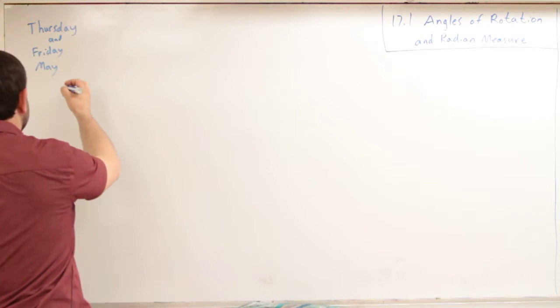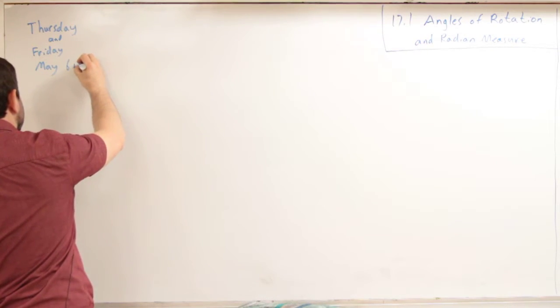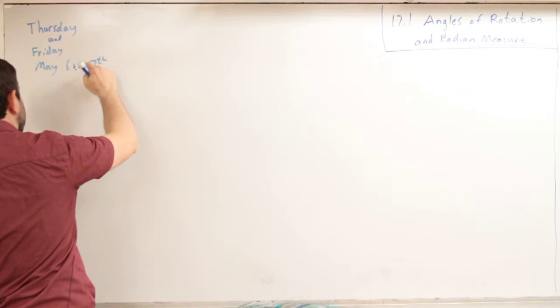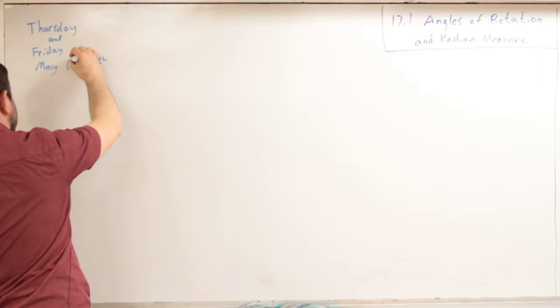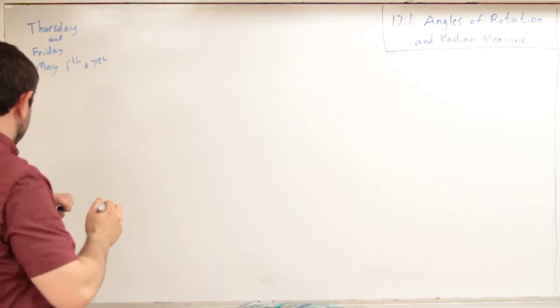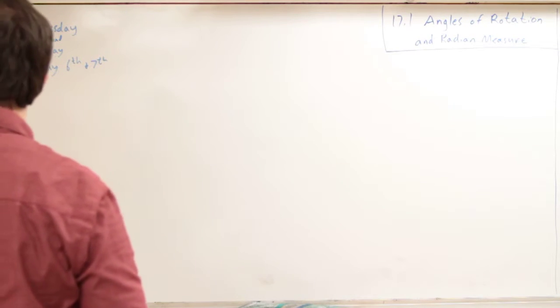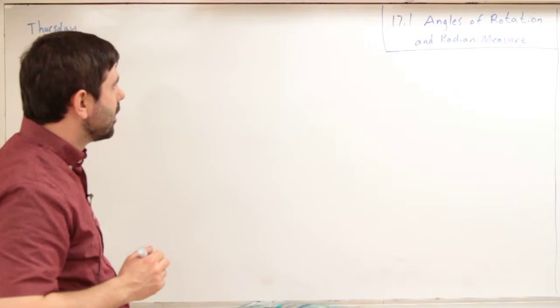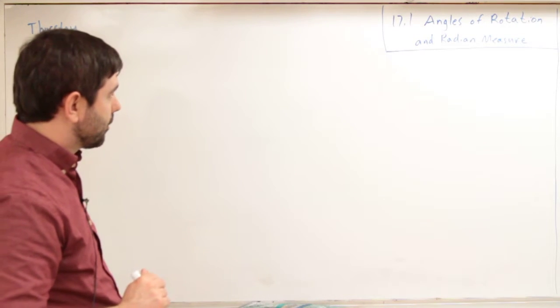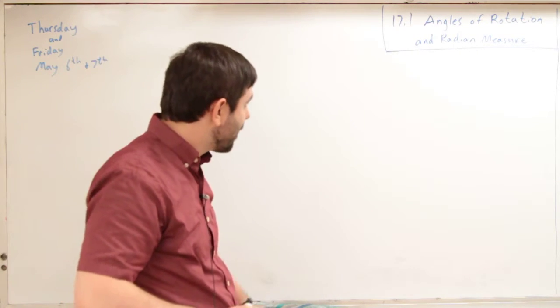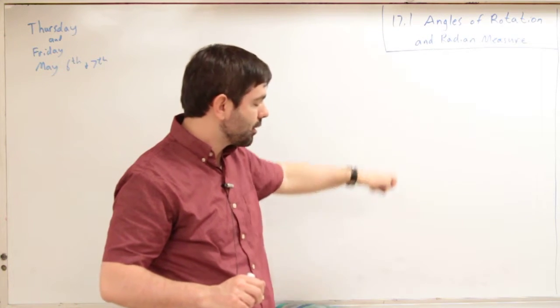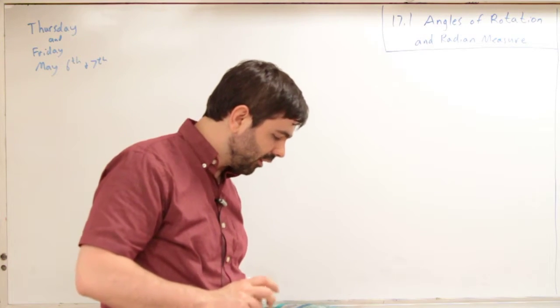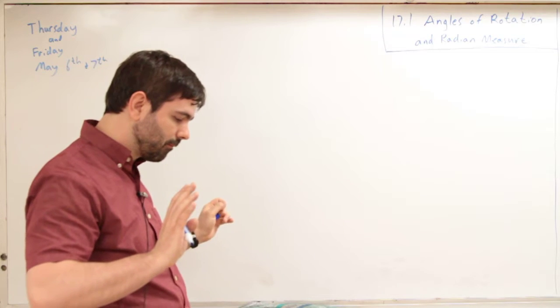I believe it's the 6th and 7th, but I could be wrong about the dates. Anyways, Thursday and Friday of the first week that I am not here. So we are going to be talking about angles of rotation and radian measure today. This is kind of fun stuff, completely different than Module 16.